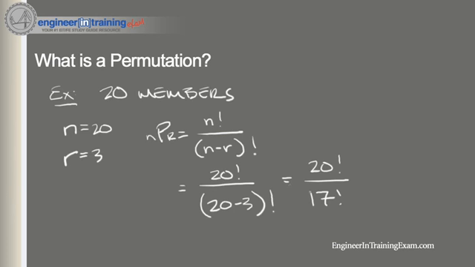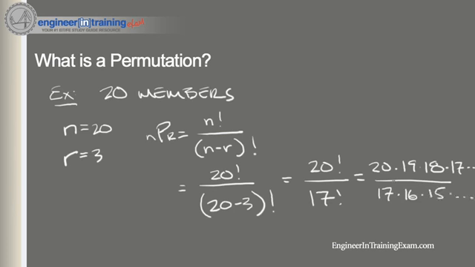But let's just say you don't have that, just for conversation's sake here. You can simplify this equation so you don't have to write it out as 20 times 19 times 18 times 17, etc. And since I already wrote it out like that, let me show you how you can simplify it. So let's expand on 20 factorial. That's 20 times 19 times 18 times 17 times 16 all the way down to 1. 17 factorial is 17 times 16 times 15 times all the way down to 1.